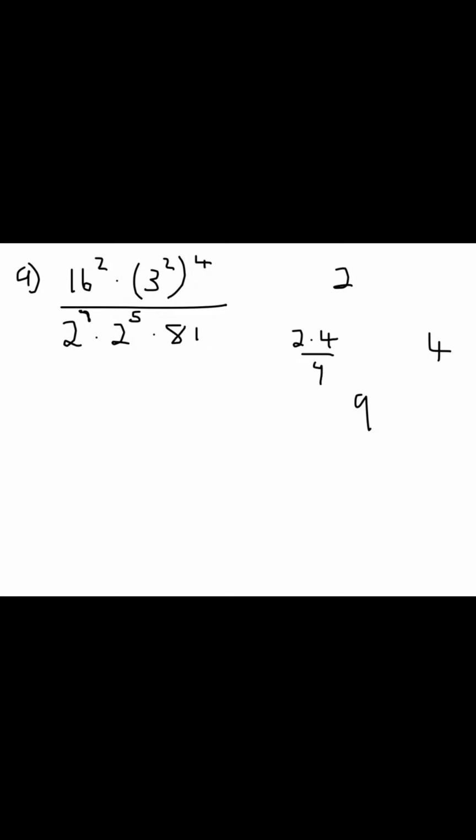What I know is that 2 is 2 to the exponent of 1, 4 can be written as 2 squared, and 9 we know very well can be written as 3 squared. That's how I always look at it, so that it doesn't look intimidating.